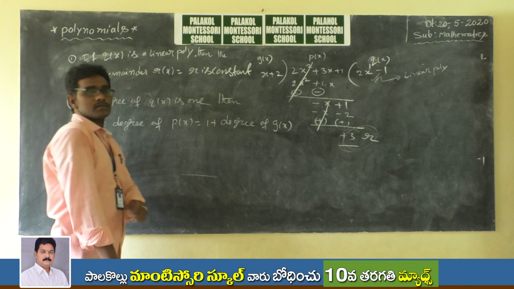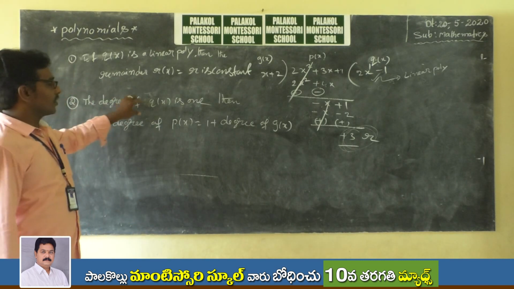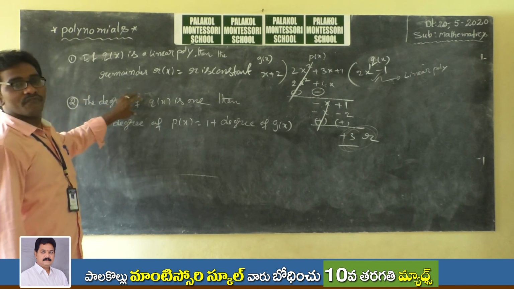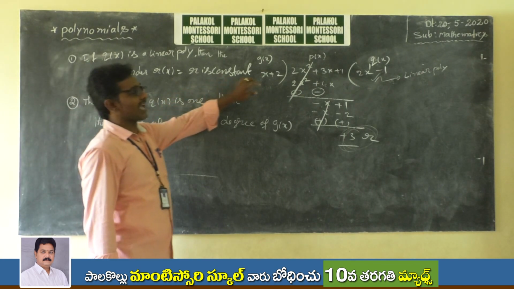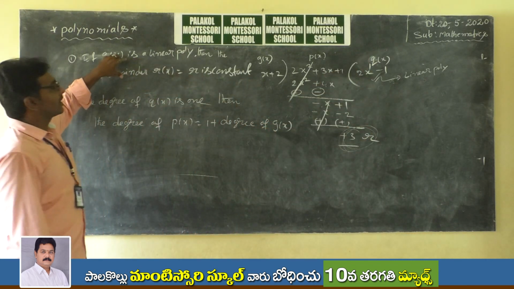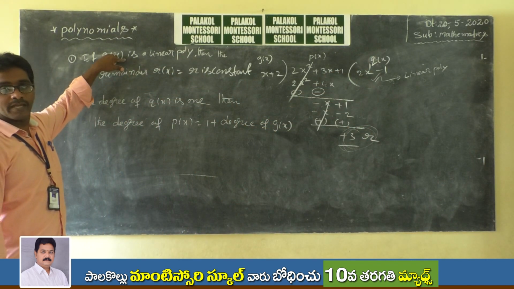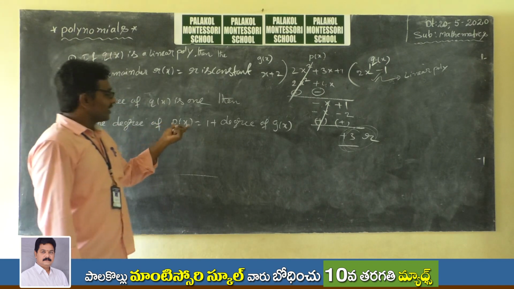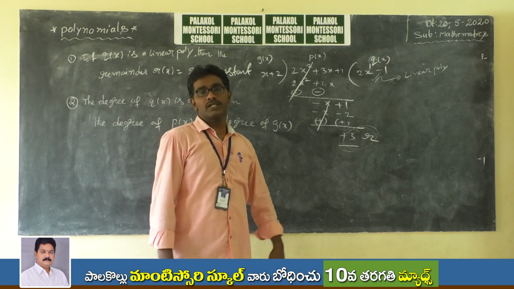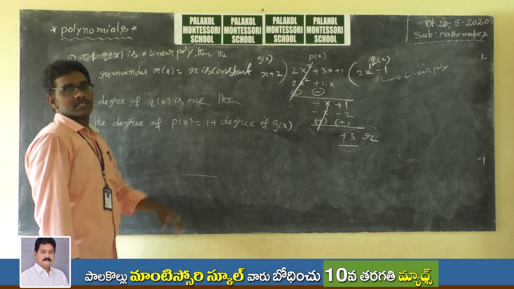Check it, guys. The degree of q of x is only 1. Why? Because it's a linear polynomial. That's why the degree of p of x is 1 plus the degree of g of x. This is one more point observed in this discussion.